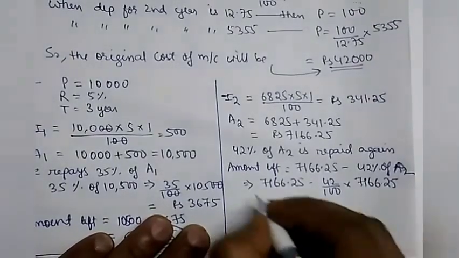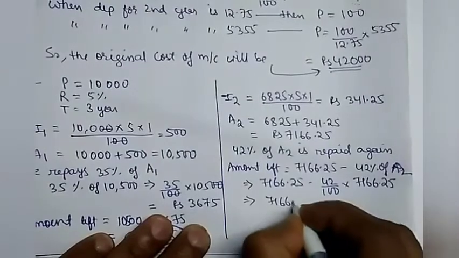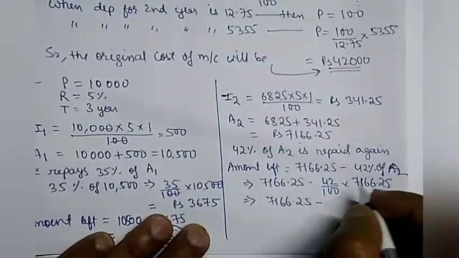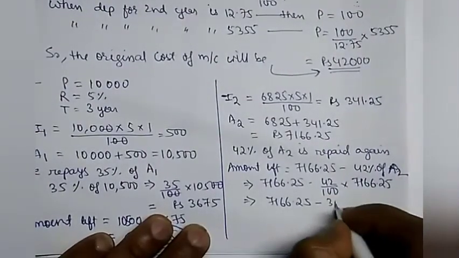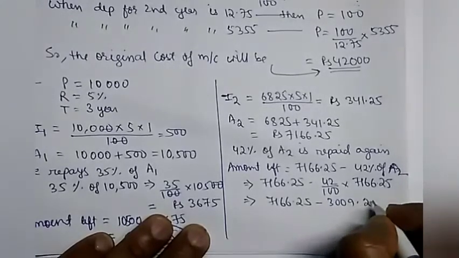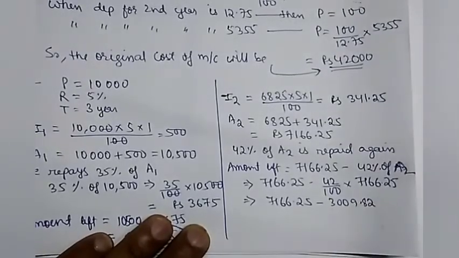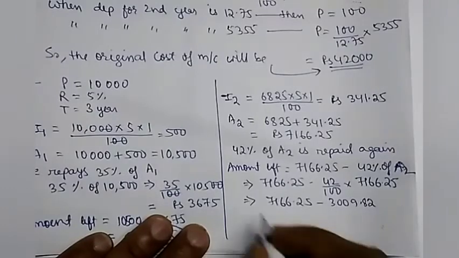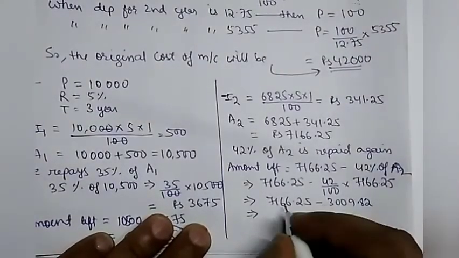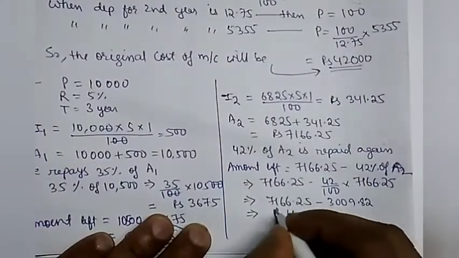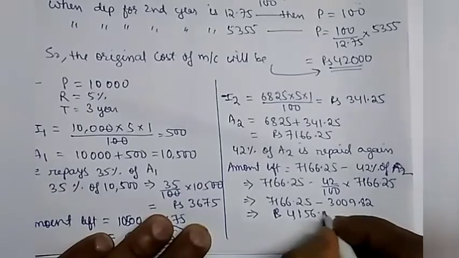By calculation we get 7166.25 minus 3009.2582, which is equal to rupees 4156.42.